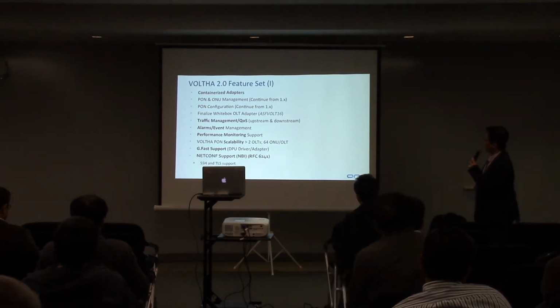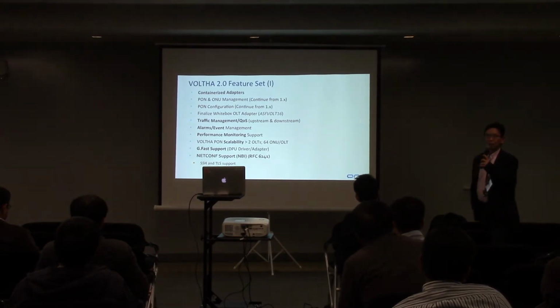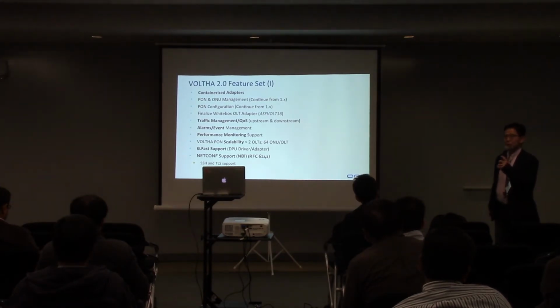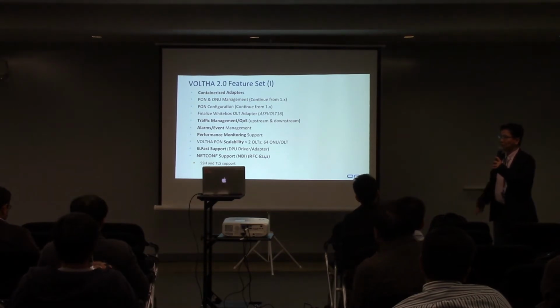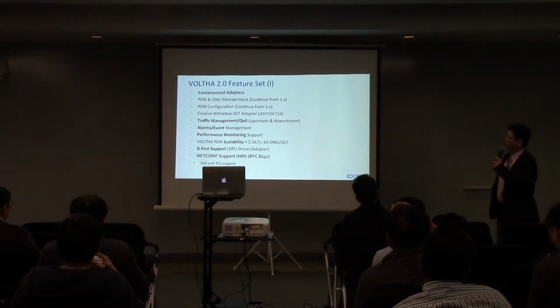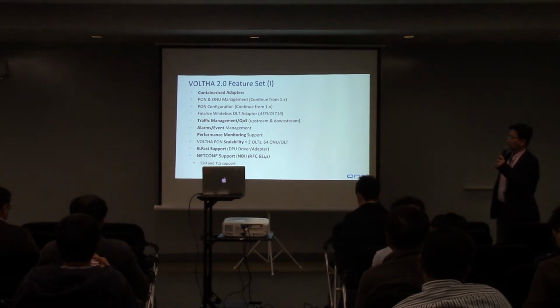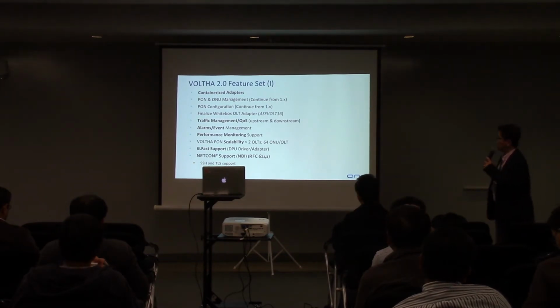PON config: Randy's presentation earlier has the basic PON configuration framework layout. So basically we're trying to implement the WWT or TR-385 framework. There are some missing components. We hope we can prioritize some of them and get them delivered in the VOLTHA 2.0 timeframe.